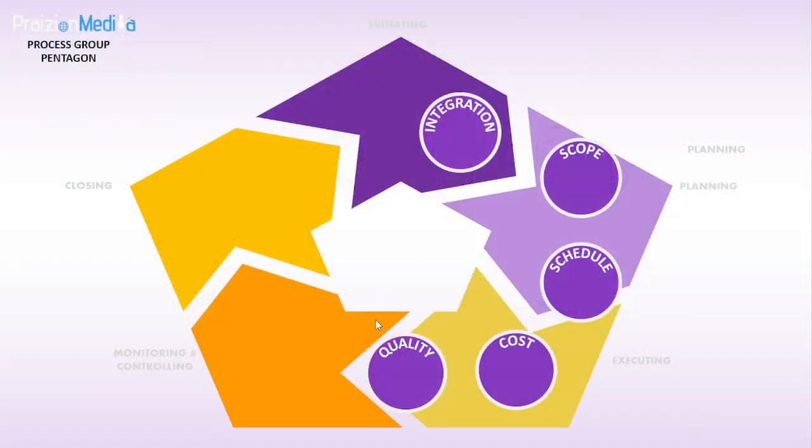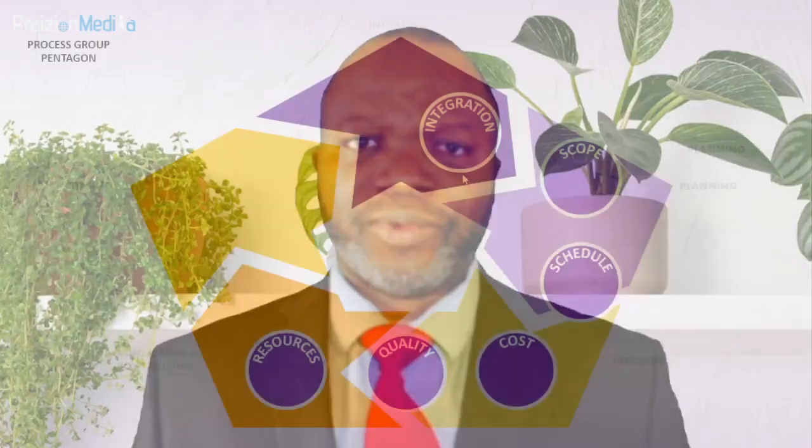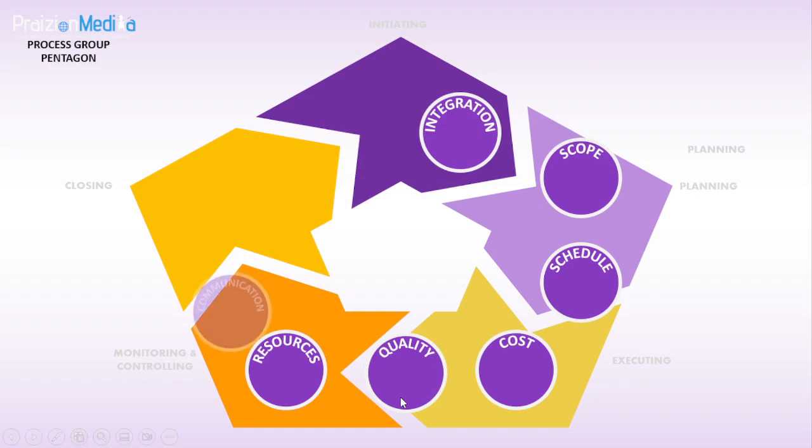And then we move on to resource management. Resource management is all about planning how to acquire resources, acquiring the resources, developing them, managing them, and in the case of physical resources, controlling how those resources come through the project, ensuring they are being used the right way.